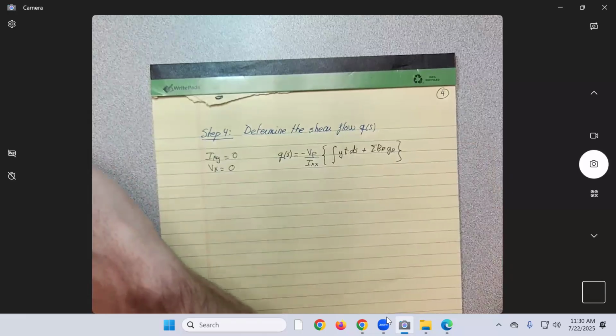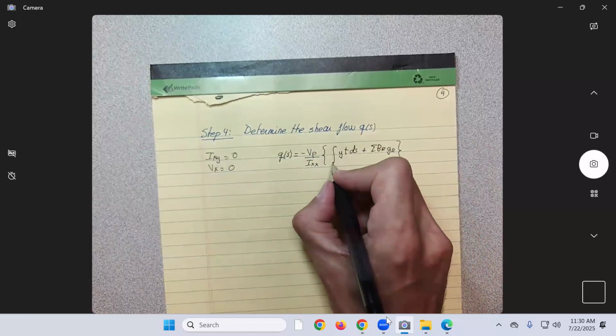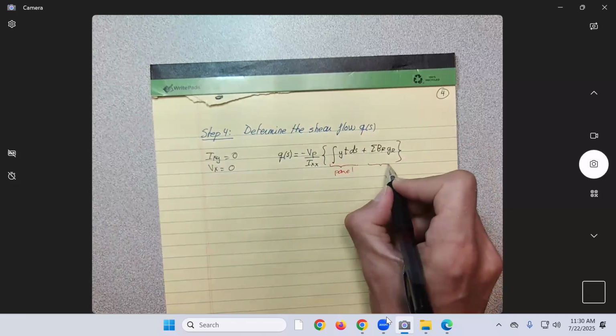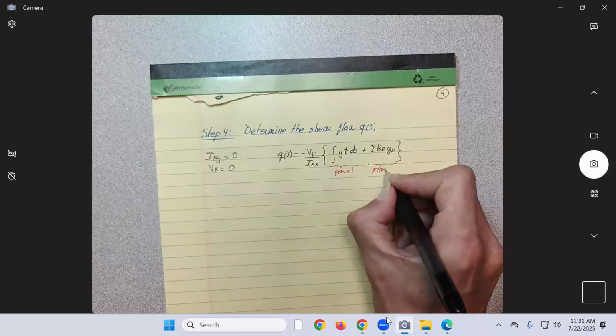So remember we said this is the effect of the panel. This is the effect of the flanges.